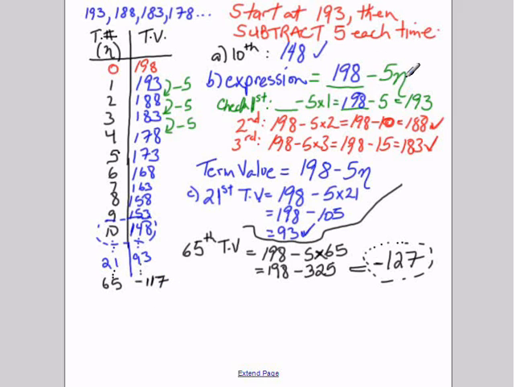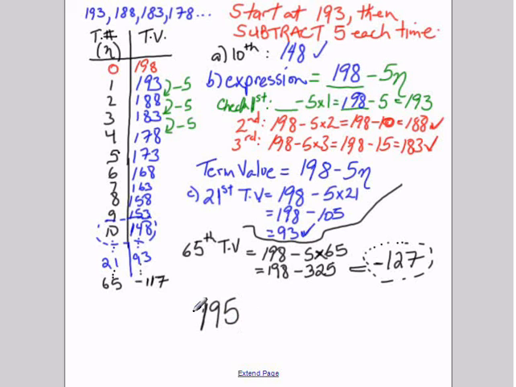So what number for n here would give me about 0 for my term value? Well, let's see. I'm taking the term number and multiplying it by 5. So I want 5 times a number to be close to 198. I know that all multiples of 5 end in a 5 or a 0, so let me see what gets closest to 198.